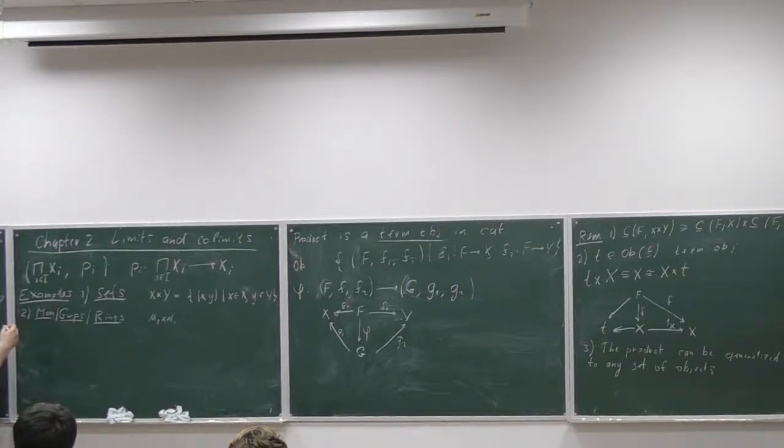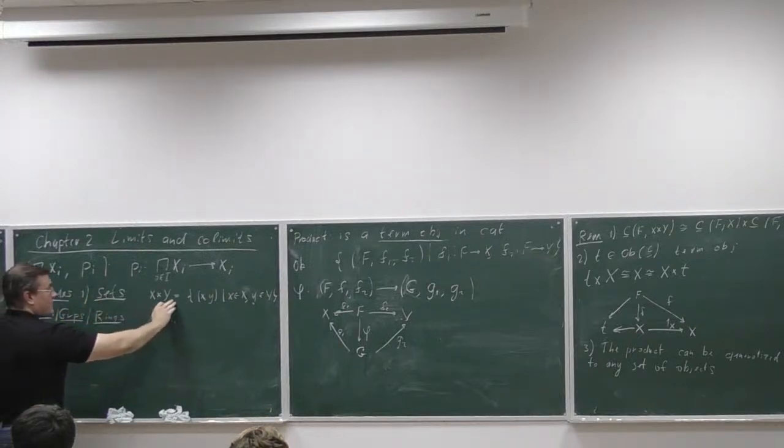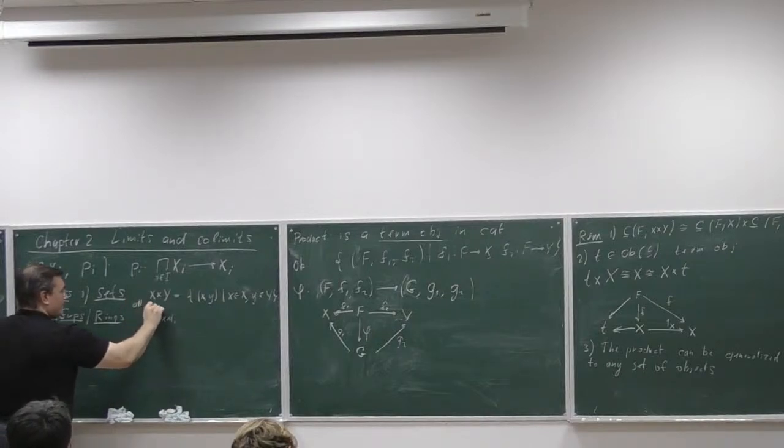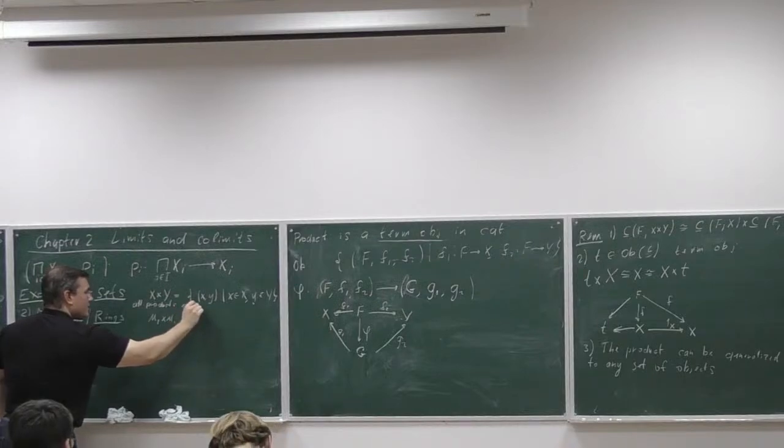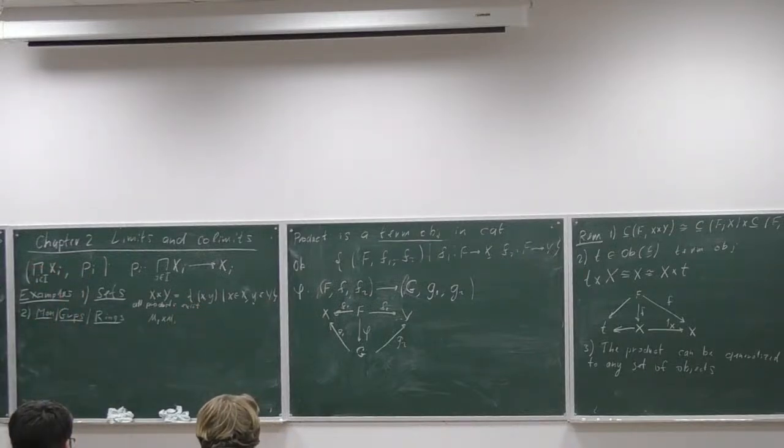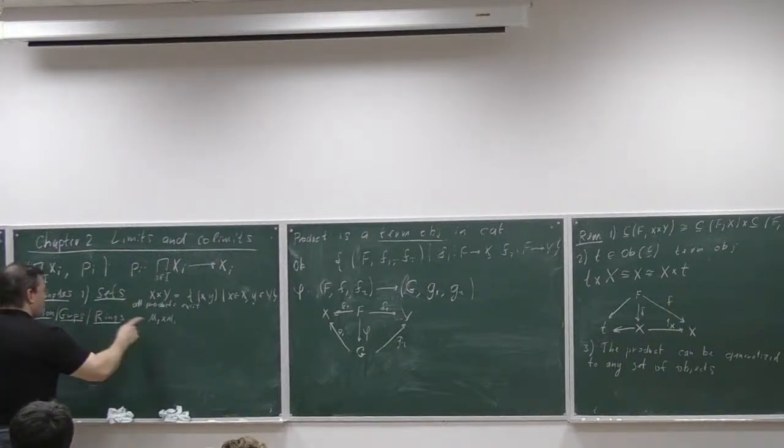And also notice that sets have not just binary products, but all products. Right? For any set of sets, you have a product. And the same for monoids, groups, and rings.